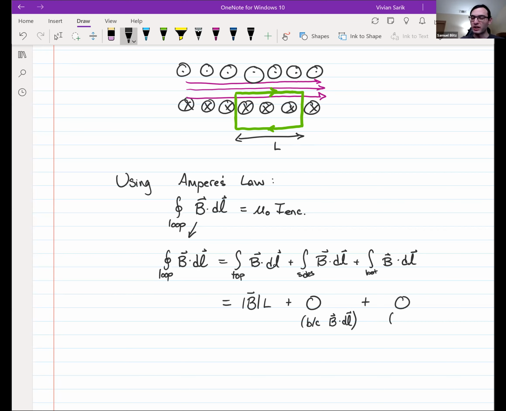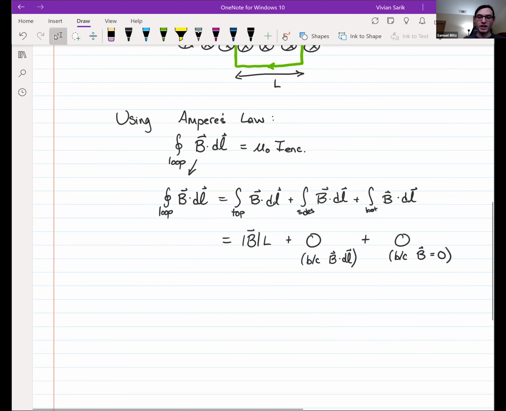In this case, it's because the magnetic field is 0 outside of the solenoid. It's 0 everywhere. So the integral of 0 dot dl is just 0. And so what we find is the left-hand side is just equal to the magnitude of B inside the solenoid times L. Now, what about the right-hand side? So we need to figure out how much current is enclosed.